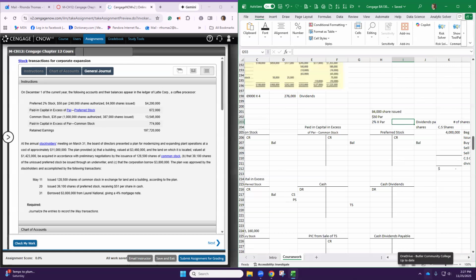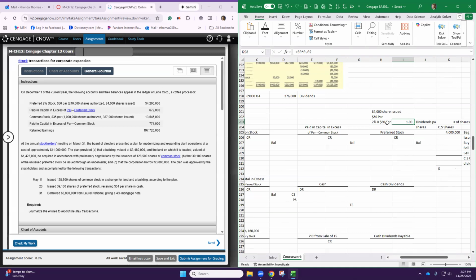Dividends per share. So 2% times $50 equals 50 times 0.02. So that is $1 dividends per share.